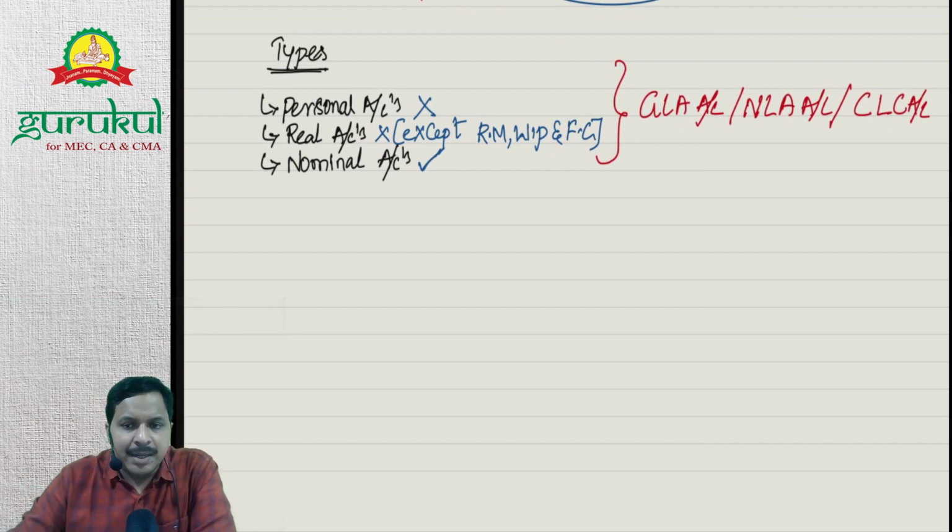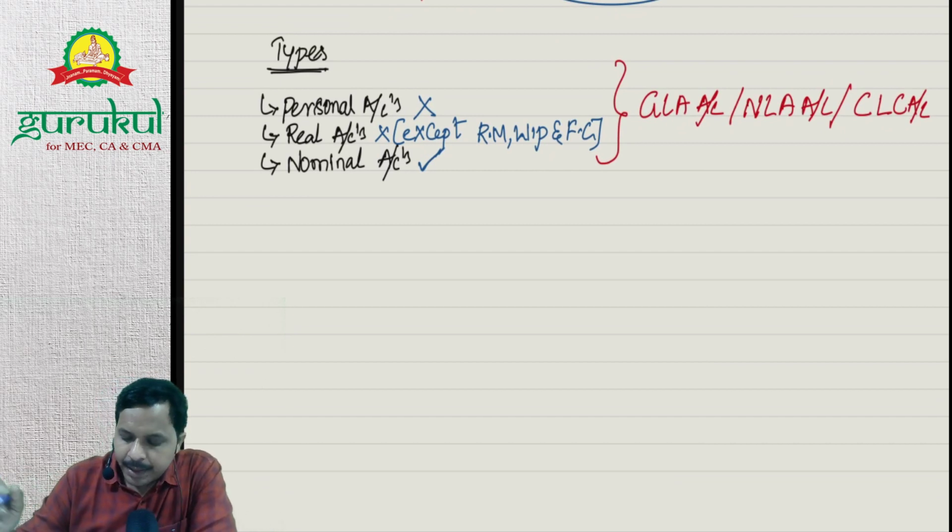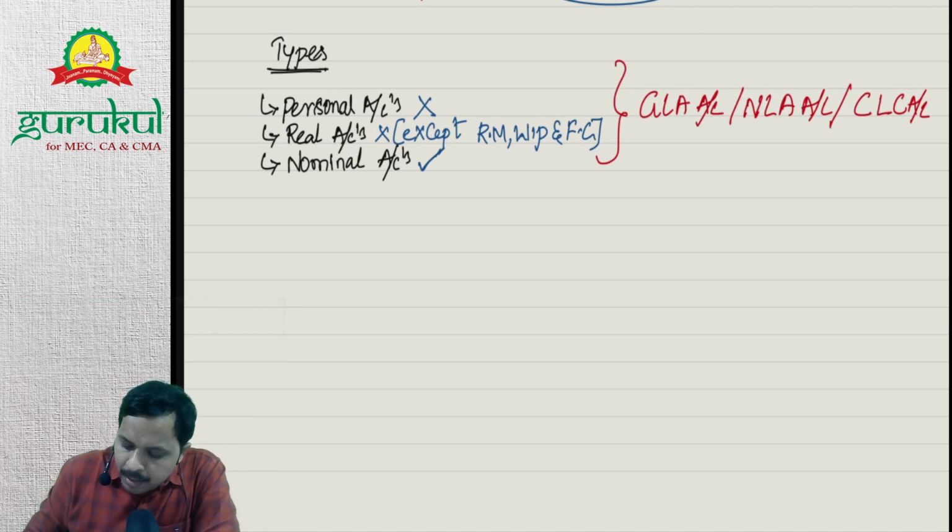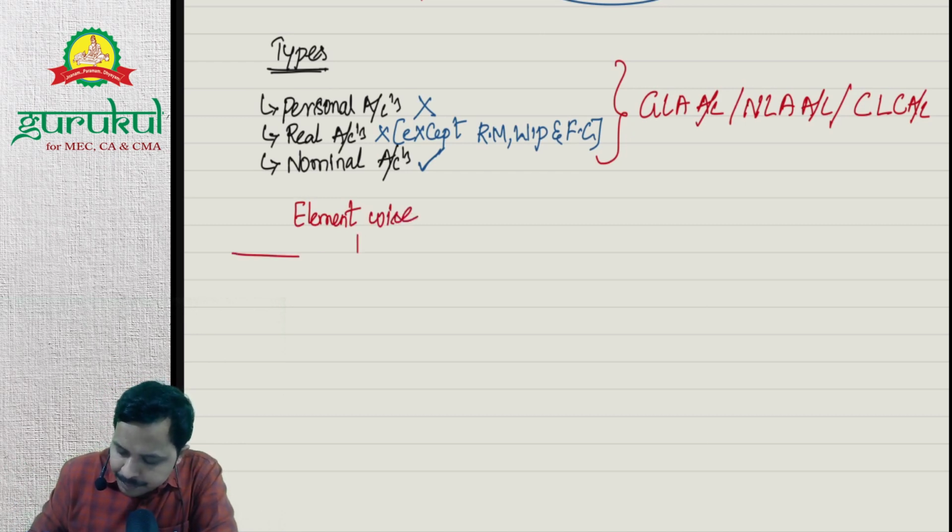Let us gather certain data for our further understanding. We know the element wise classification of cost. What are those? Materials, labor and expenses.